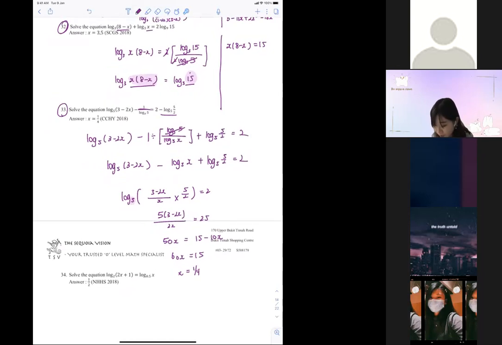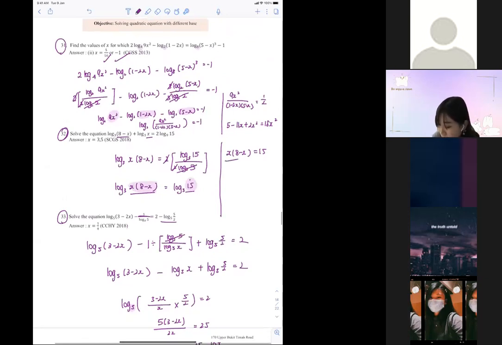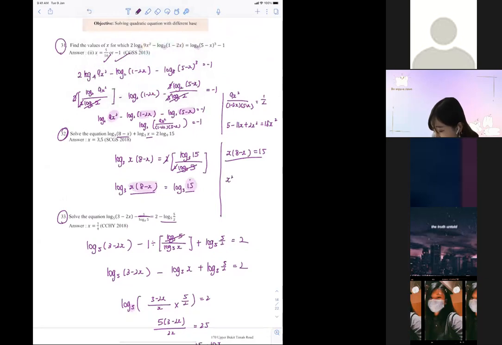EY can, 33. 32 haven't solved. Just expand everything, bring one side equals 0, EY. Oh yeah, okay.